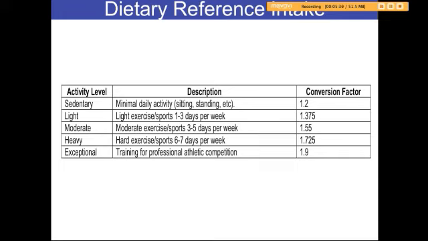Do you participate in light sports, perhaps gardening or walking? Maybe you have a light activity level. If you're training for the Olympics, perhaps you're in the exceptional activity level. Once you've found which activity level best describes you, multiply the value from the equation by this conversion factor, and that should give you the number of calories you would need to maintain an energy balance.